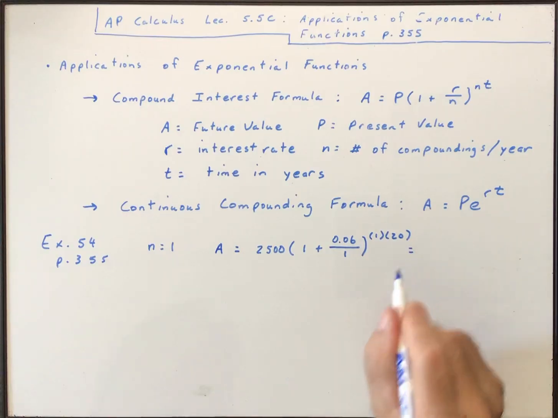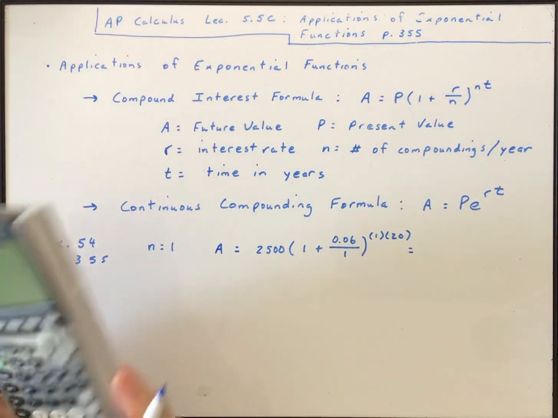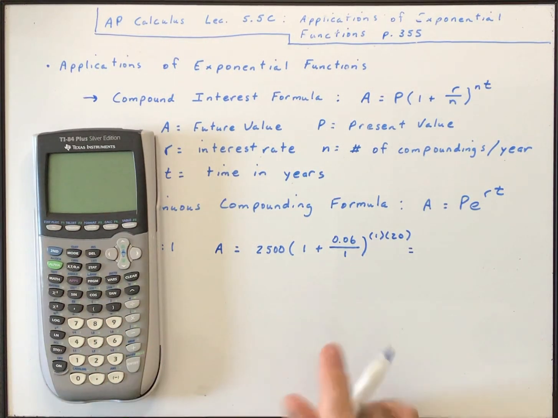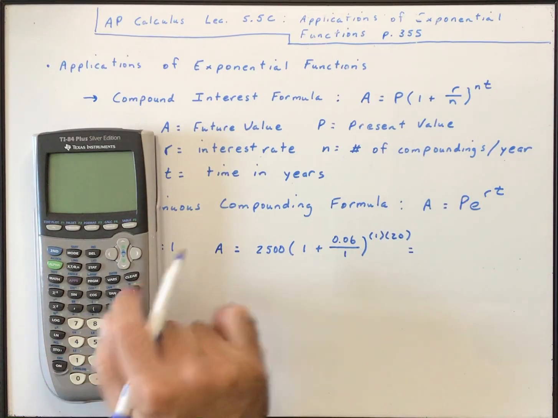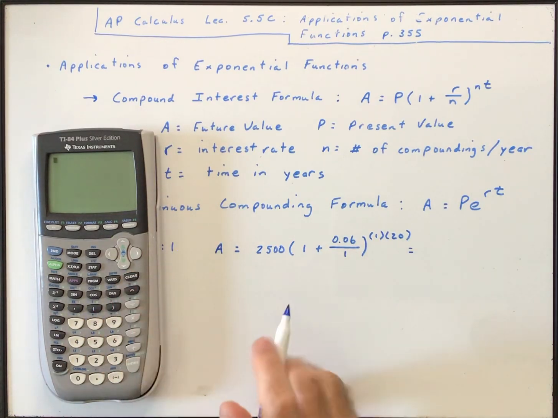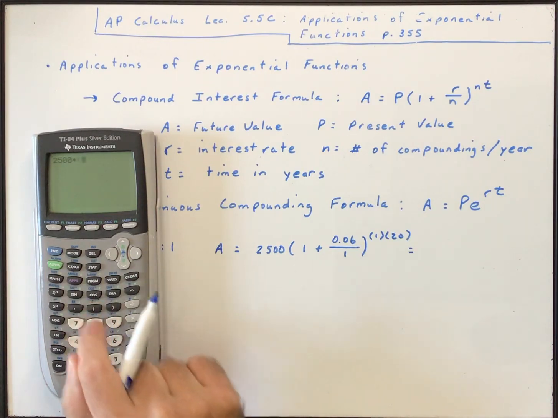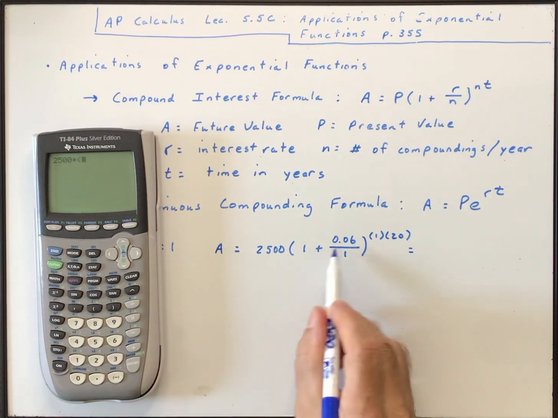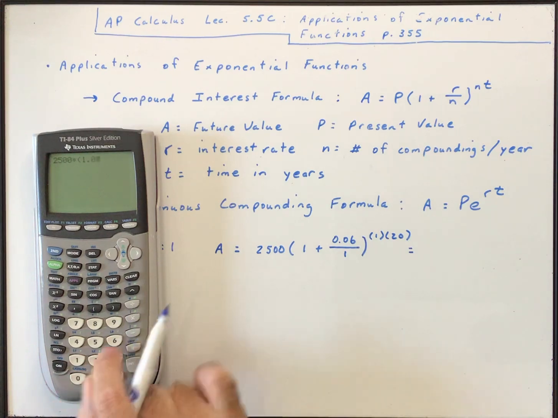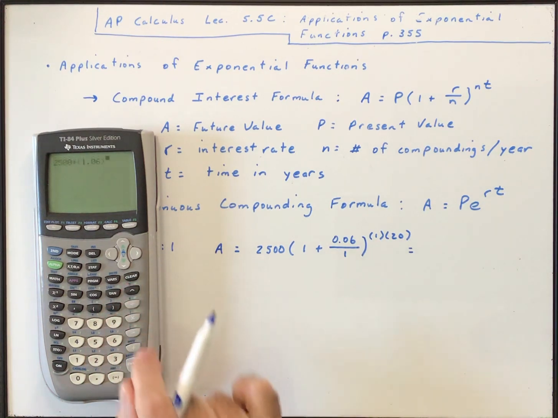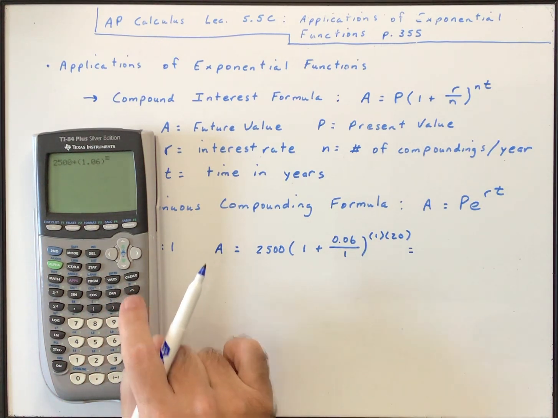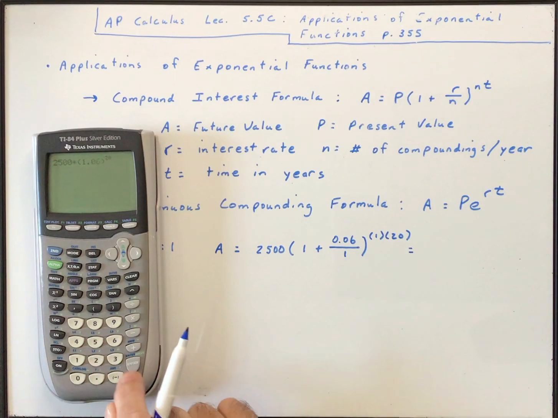Okay, so if we were to put that in the calculator, it's going to be 2,500 times, I'm going to put this in parentheses, 1.06. We're going to raise that using the caret symbol to the 20th power.